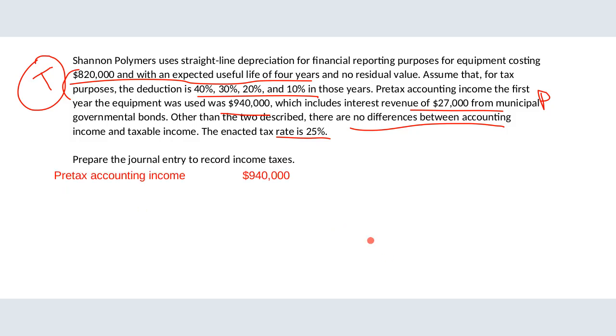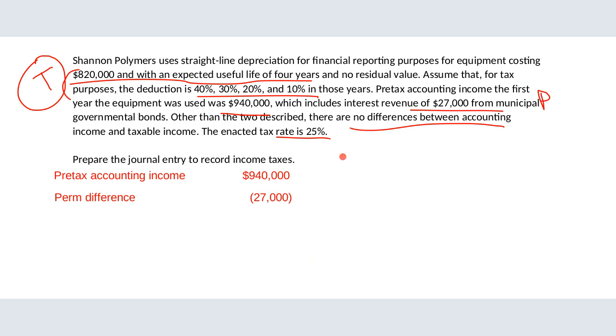Now, even though the permanent difference is not going to be a part of our deferred tax assets or liabilities, we still have to account for it in calculating our taxable income. So if the income was included in arriving at 940, for tax purposes it's excluded, so we're going to take it out.